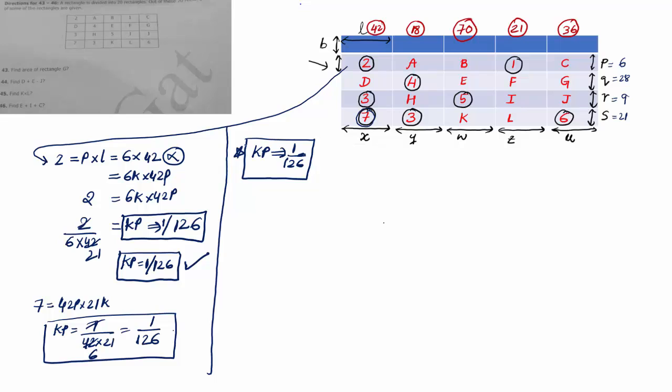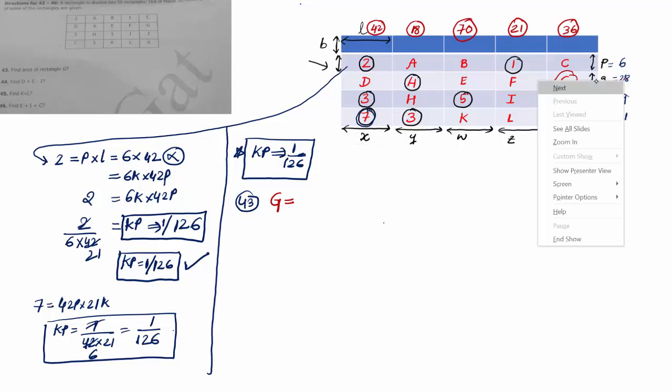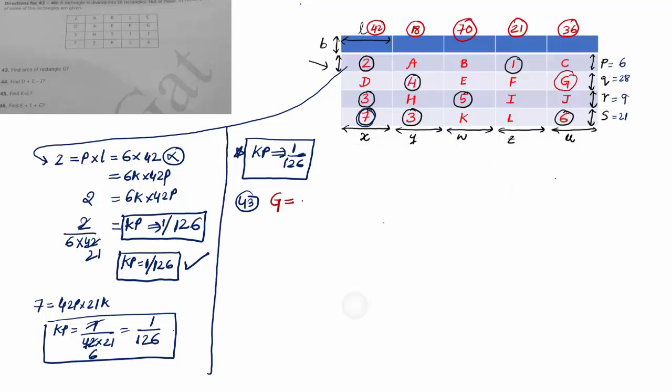Now we'll find out area for something. Let's go into question number 43, right? Let me change the color. Yeah, question number 43. They're asking about the area of the rectangle G. What is the area of rectangle G? Area of rectangle is 28 into u. 28 into u, which is 36.